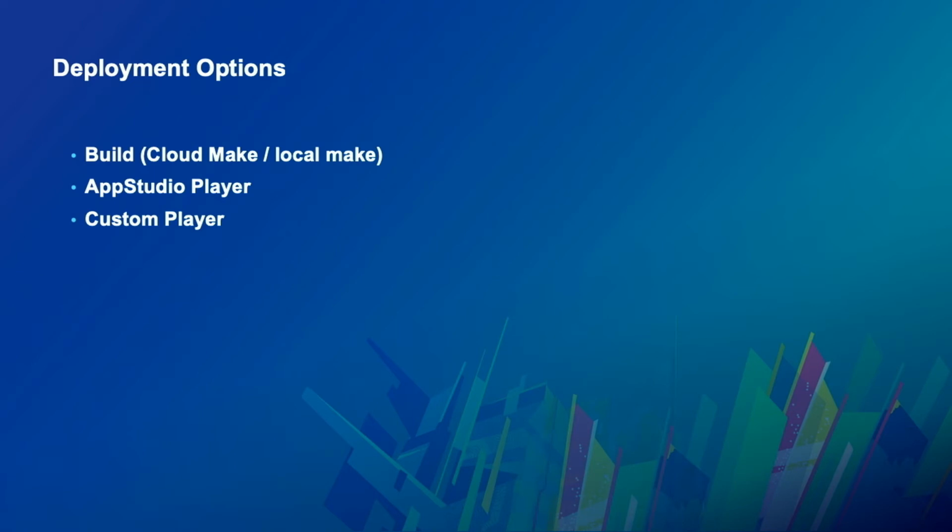We give you a build tool so you can actually create your own builds. We also give you a player that you can actually play your apps. Okay, let's assume that we all know that. So now, what are our options to take your apps to the enterprise? That's the question. Well, we actually have 3 very specific deployment options when you think about taking your apps to the enterprise. Okay, so let's take a look at the first one.